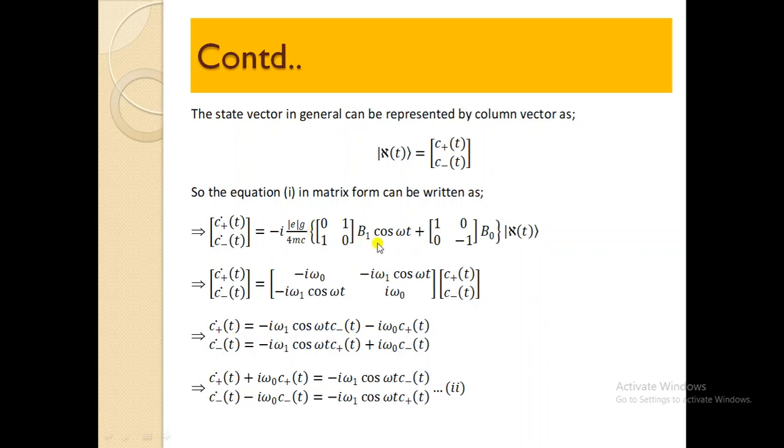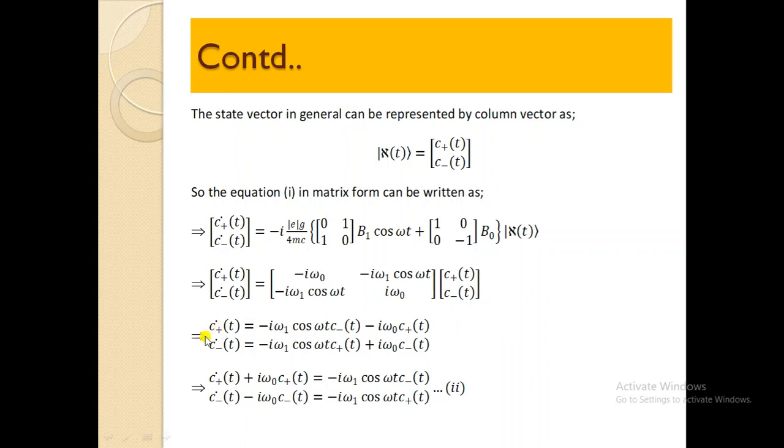And then on solving we can get this. Look, for example, in the first term the x component will not appear because there is 0, but the z component will appear as it is 1. So 1 into b naught multiplied by this, e g b naught divided by 4 mc, will be omega naught, minus I from here. Similarly, you can get all the components, and this last term xi t, c plus t, c minus t.